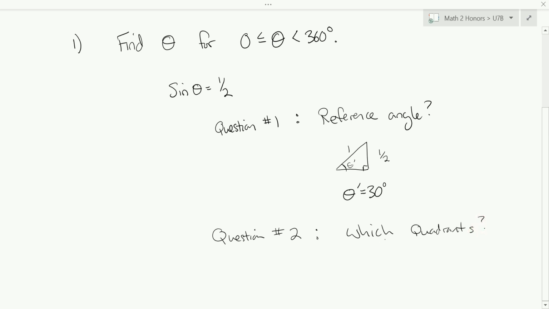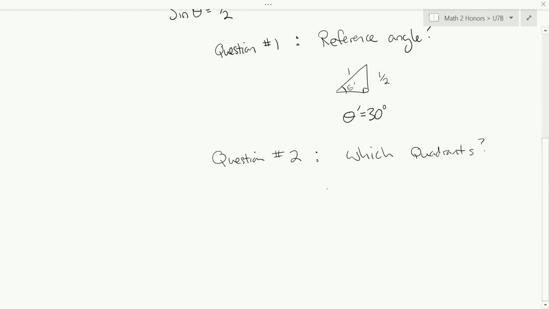And to answer this, we're going to look at the sign of the number. So in other words, here we're looking at a positive 1/2, not a negative 1/2. Because besides the reference angle, all the quadrants do is change whether it's going to be negative or positive. So in which quadrants can the sine of a number be positive? That's what we're after.